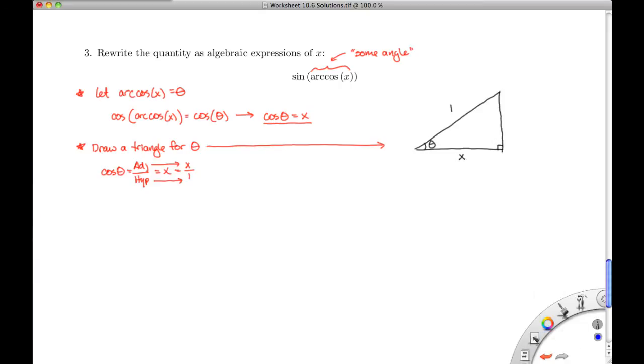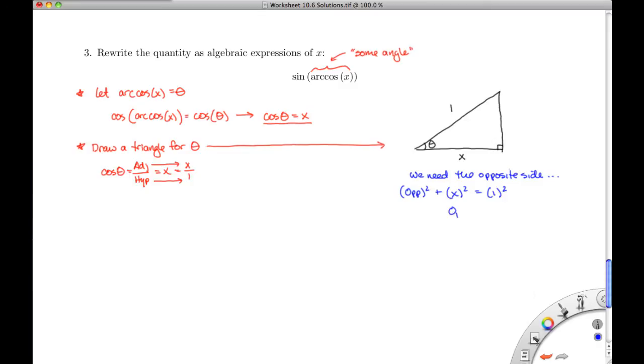So next we need the opposite side to fill out this triangle. We know that the opposite side can be found because the opposite side squared plus the adjacent side squared is equal to the hypotenuse squared by the Pythagorean theorem.